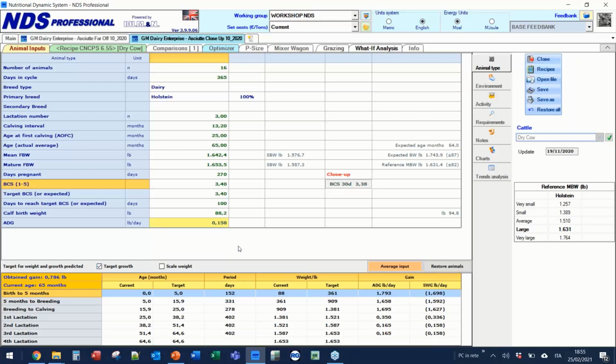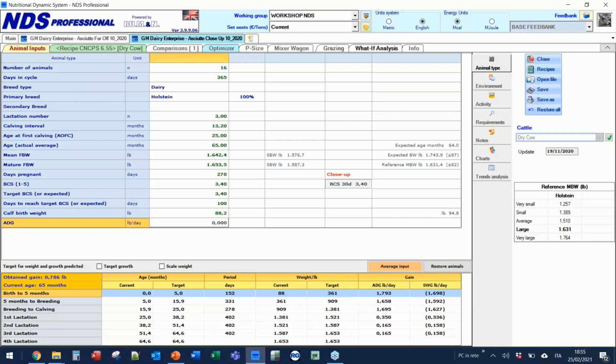In other words, even though in theory these cows should have some additional requirements in order to reach maturity, in practice, we think that during the close-up, the cows have other priorities other than to finalize their maturity.